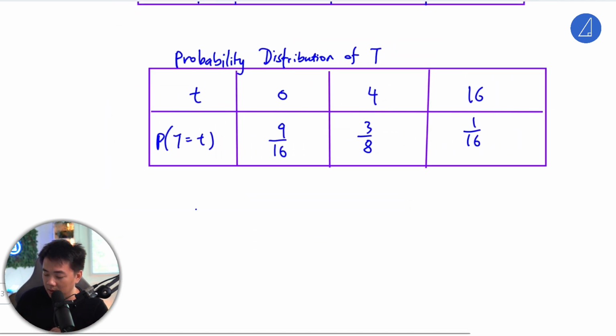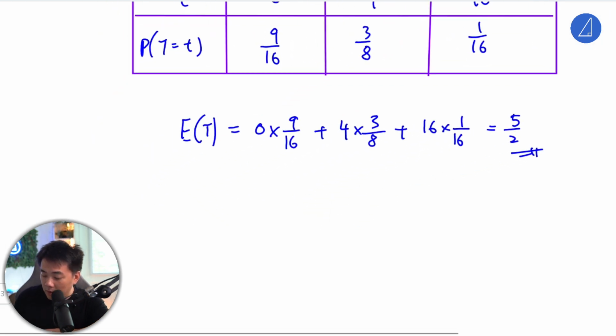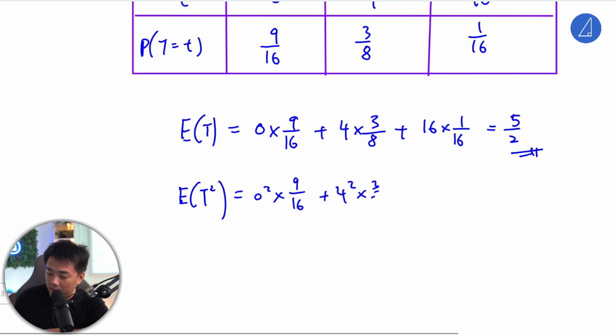To find E(T), we get 0 times 9 over 16 and so on. So the expectation of T is 5 over 2. Now to find the variance, we need E(T squared), which is 0 squared times 9 over 16, plus 4 squared times 3 over 8, plus 16 squared times 1 over 16.